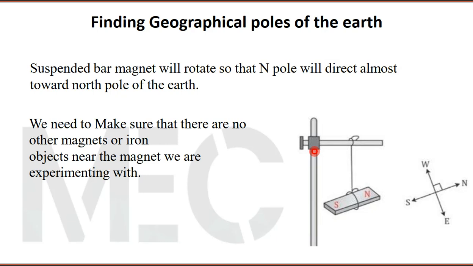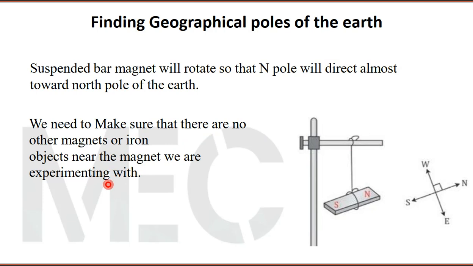There are some metals which have magnetic property. For example, aluminium doesn't have magnetic property. So consider this holder is made from aluminium. We need to make sure that there are no other magnets or iron objects near the magnets we are experimenting with.